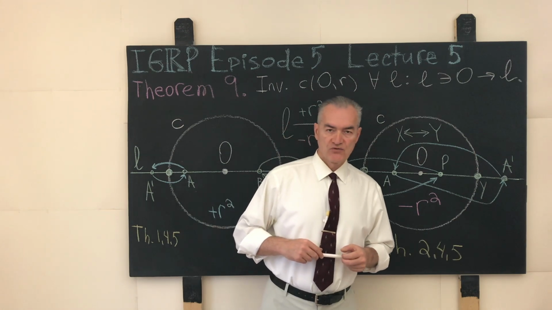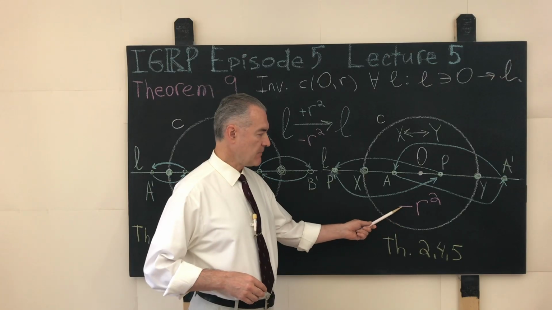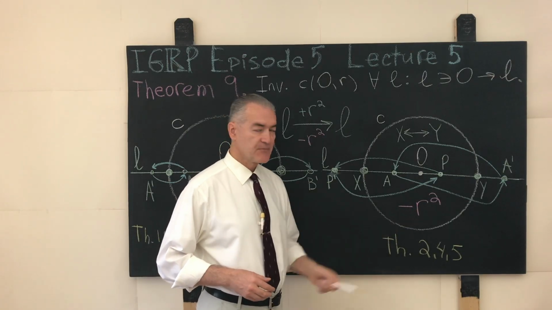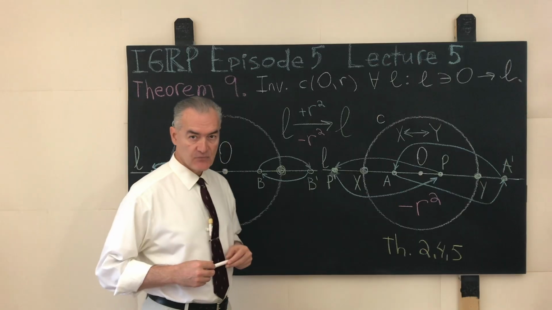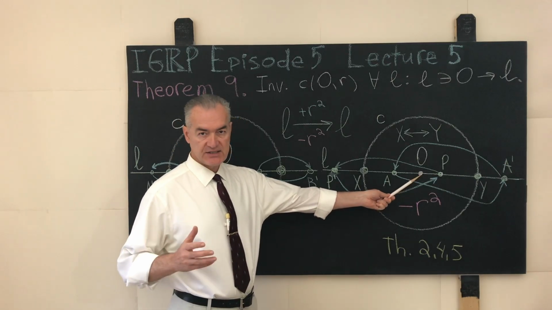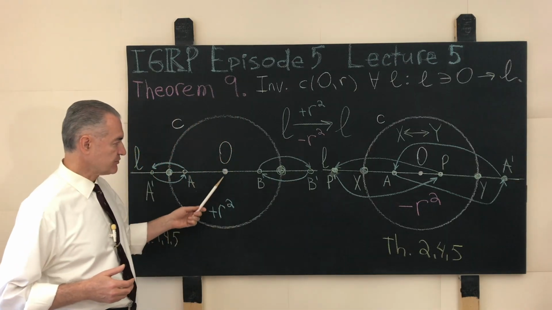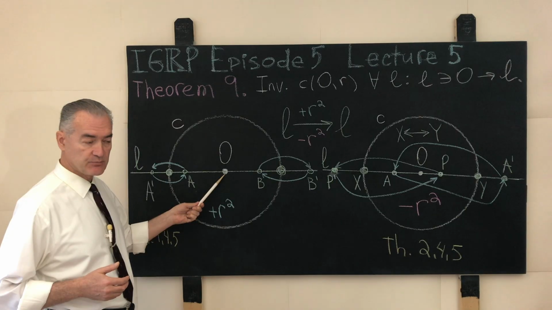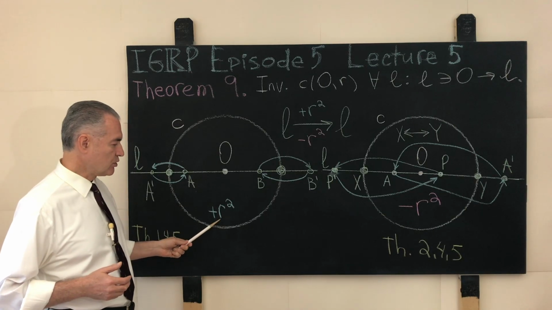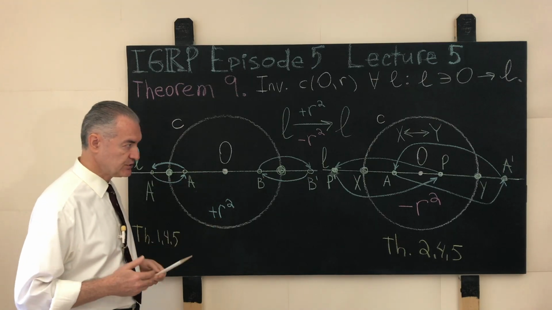When the power of inversion is negative, as shown in red over here, minus r squared, then the fate of the center of inversion, O, will be exactly the same as the fate of the center of inversion under the corresponding inversion of the parent plane when the power was positive, and I will not say these words.